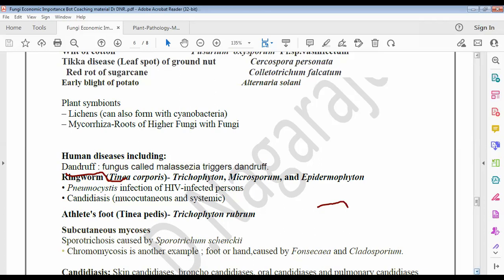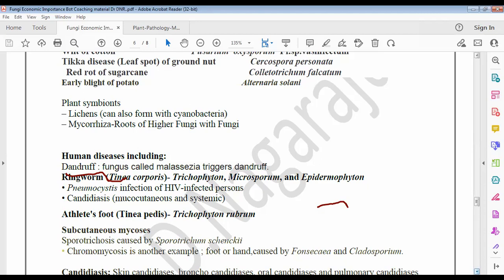Okay. You know one of the major diseases to human beings is dandruff. That is caused by the fungi. If your head is in wet condition, you will get affected with dandruff. Don't use others' comb. With the comb, it will spread from one person to others.